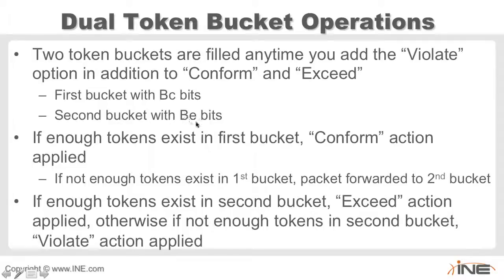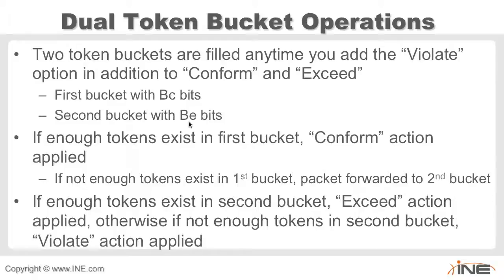What did I say for the CIR? 384. So maybe the peak information rate is 512 or whatever it might happen to be. But that's the dual rate policer, as opposed to a single and dual token bucket dealt with by the B sub C and B sub E bits, the conform and the committed burst and the excess burst.